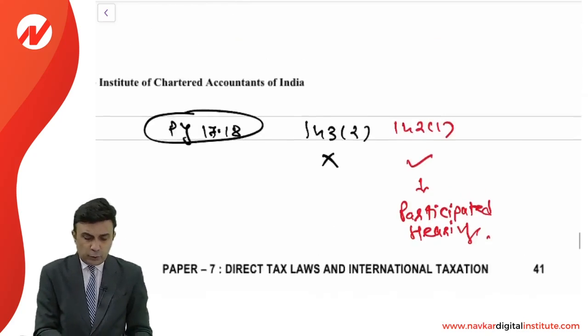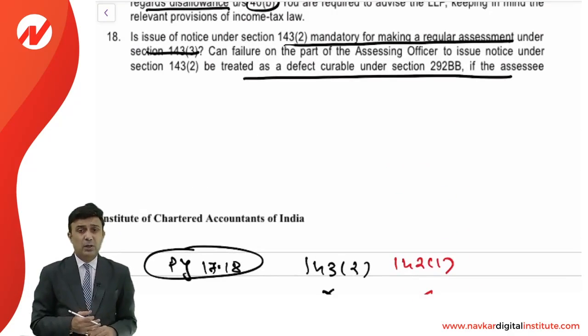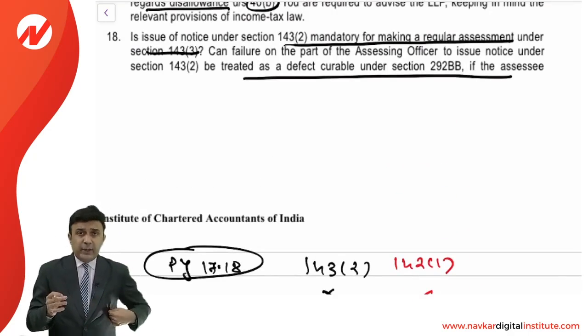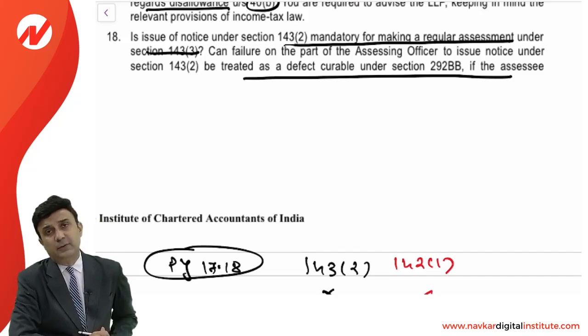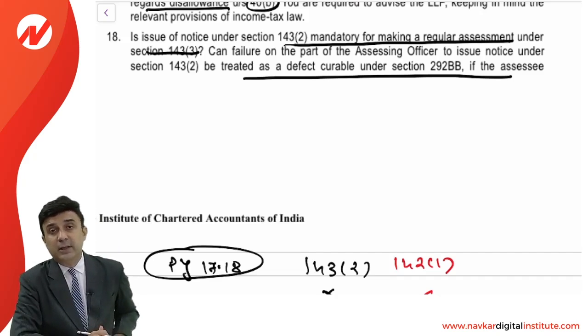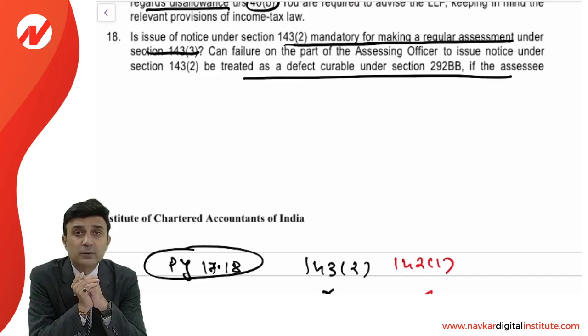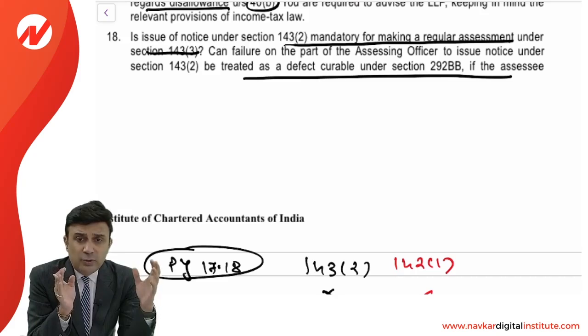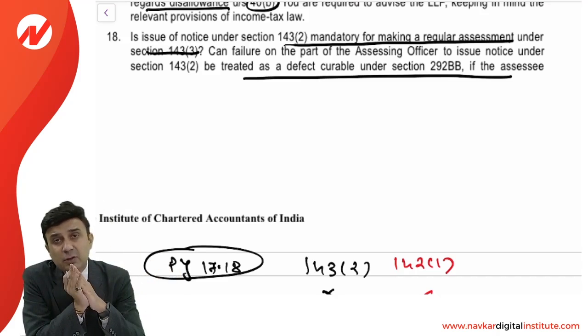Now section 292BB says that if in response to a defective notice the assessee participates in the hearing, then that defective notice will become a valid, non-defective notice. And you cannot argue that the notice is defective and hence the hearing is defective and hence you cannot pass the order.